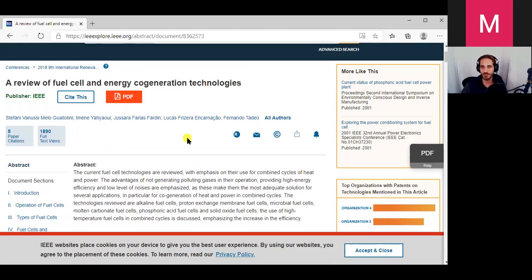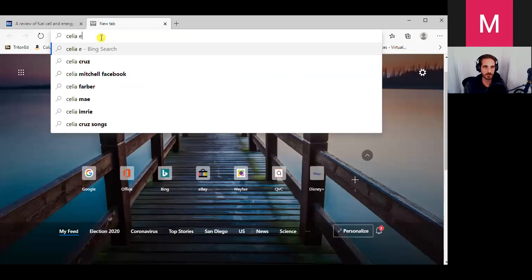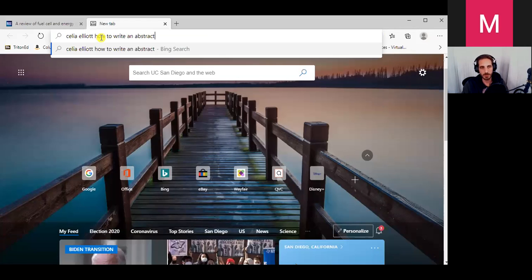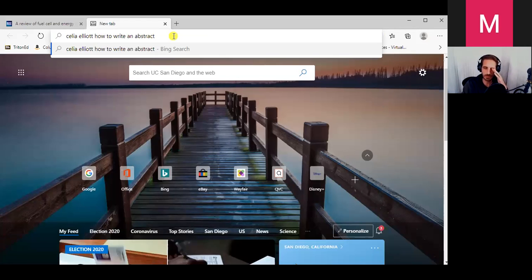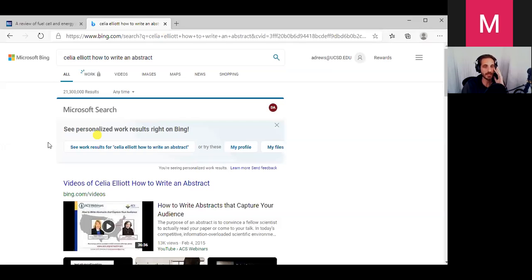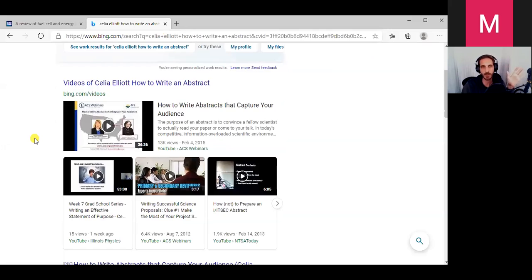To figure out how an abstract is supposed to be written, we're going to use the work of Celia Elliott. So if you Google Celia Elliott, how to write an abstract. Celia Elliott is a woman who worked for, I believe, the University of Illinois. I could be mistaken there. And she has resource after resource of how to write anything in academia: how to write an abstract, how to write a paper, how to give a presentation.